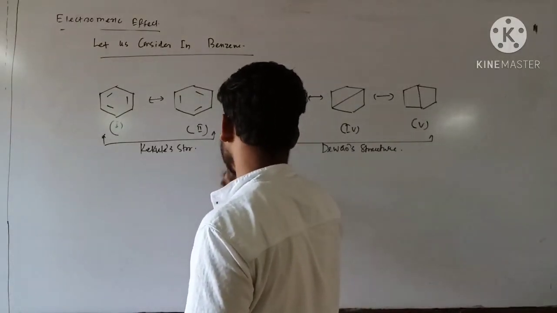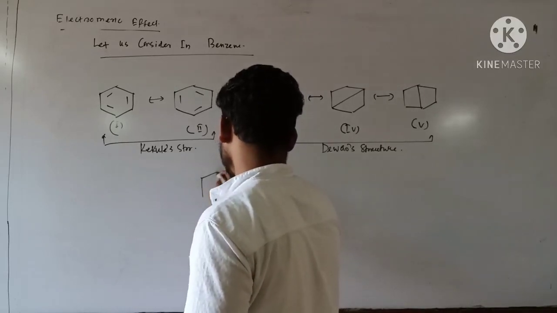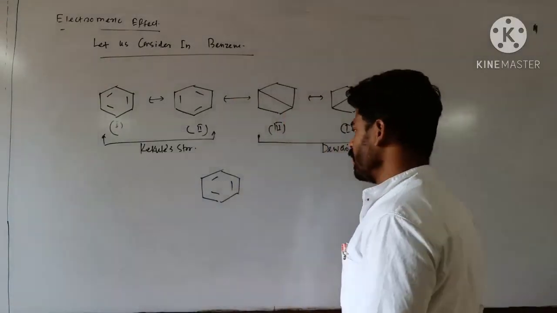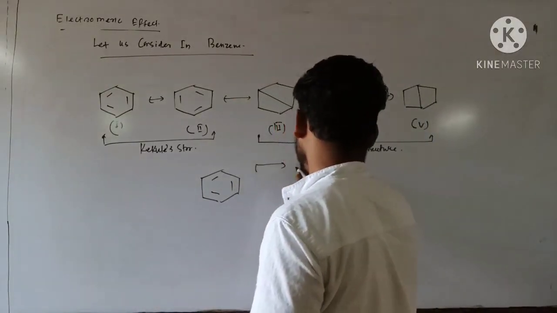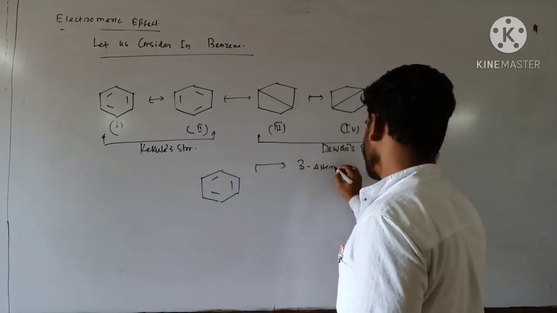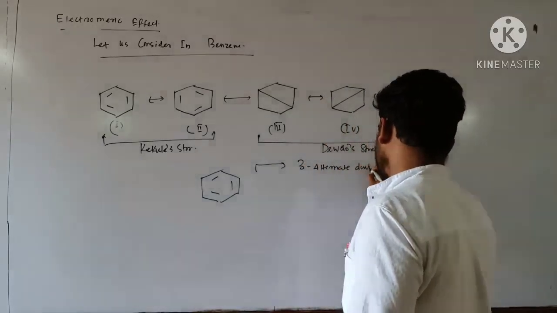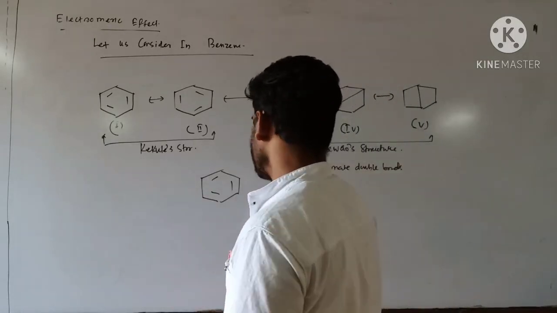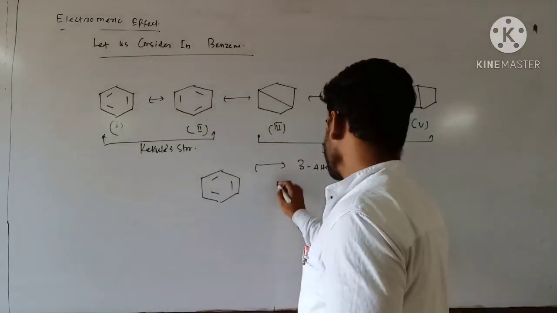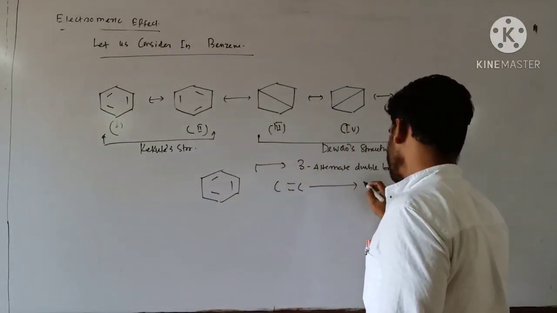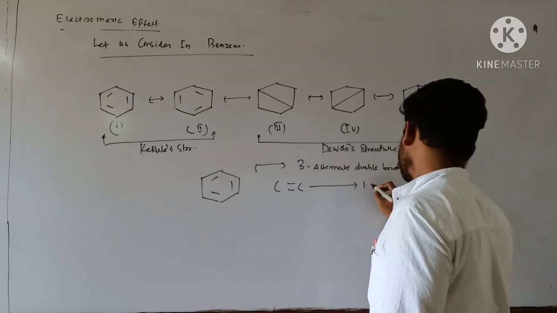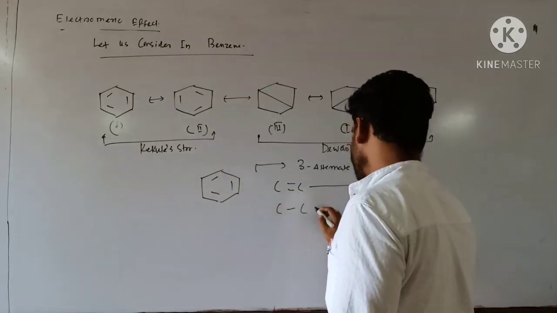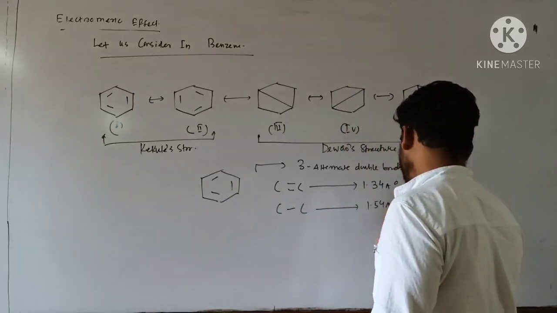So you see, generally if I consider this one is benzene. Benzene has 3 alternate carbon-carbon double bonds, and 3 single bonds are also there. So regarding bond length, what can you expect? C double bond C has bond length 1.34 angstrom. Clear? And carbon-carbon single bond length is 1.54 angstrom.